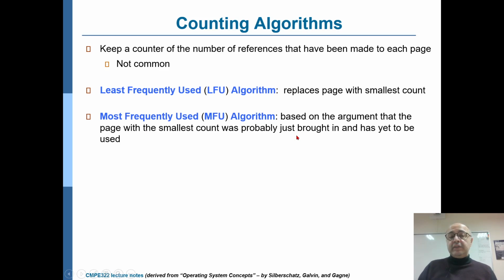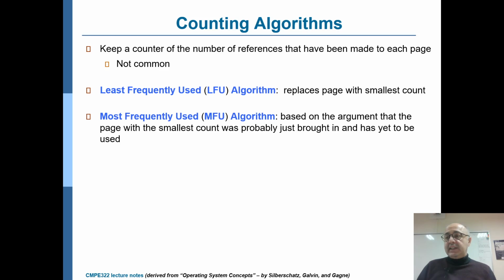The alternative is just the inverse, most frequently used. It's based on the idea that the least frequently used are the ones that have just been brought into the memory, so they didn't have the chance to be accessed.